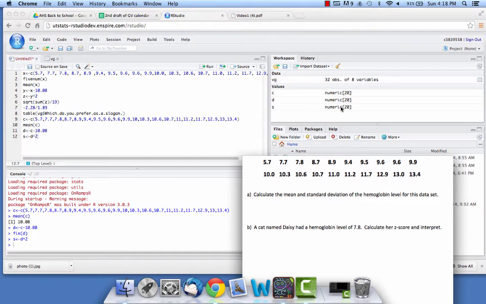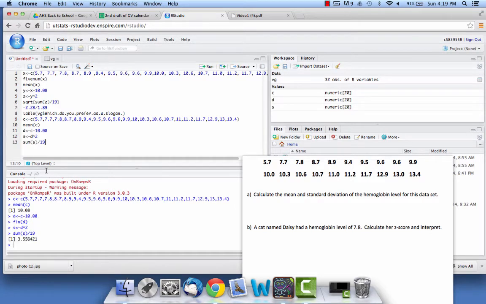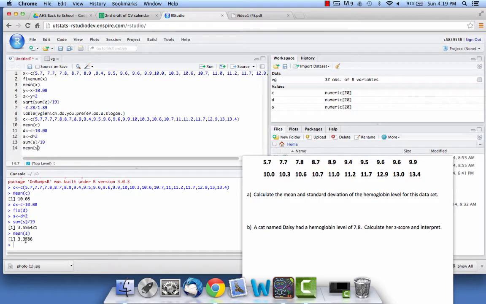So it's square, mean, root, except that I can't do a true mean because this is a sample. So I have to divide. I think I tried this before to see if sum worked. Sum of D squared divided by 19. Yeah, so that's the mean part, except not truly. If it was a population, you could have just said mean D squared. Mean D squared is a little bit smaller, but remember, because it has a sample, we want a spread that's a little bit bigger.